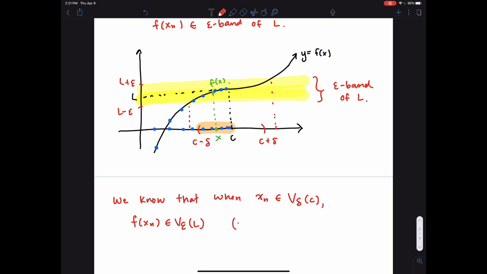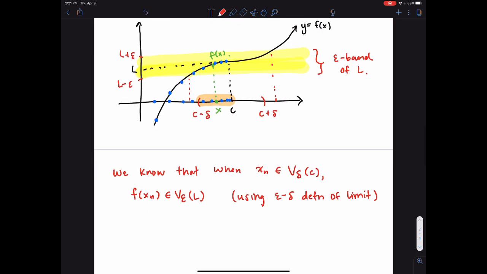That's just using the epsilon delta definition of a limit. This has to be true for any x in the delta neighborhood. So in particular, it can be true for any sequence value that we select from the delta neighborhood.